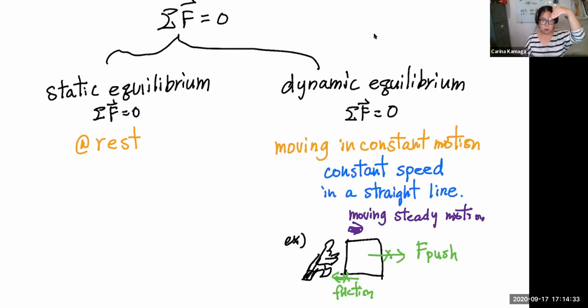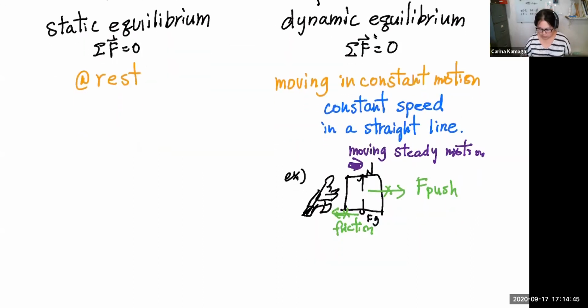And then you have a gravitational force, which doesn't do anything to the motion, Fg, and also the normal force N. So in this case, when the push force from your hand and the friction force on the box are equal and opposite each other, this box is going to be moving in a steady motion, at steady speed, and in a straight line.